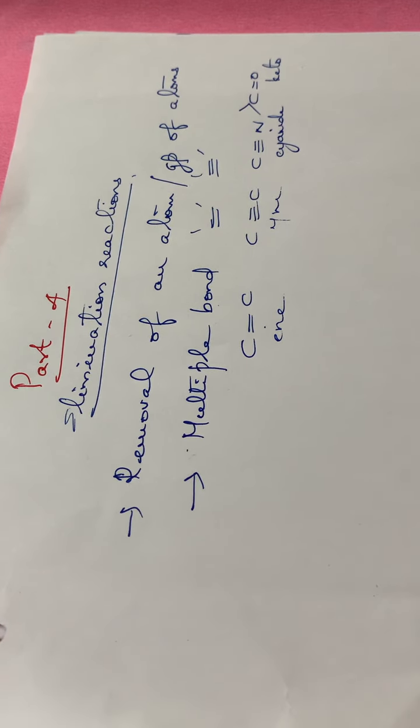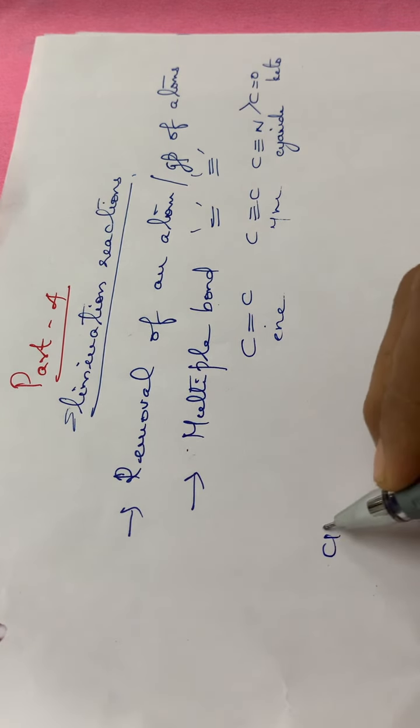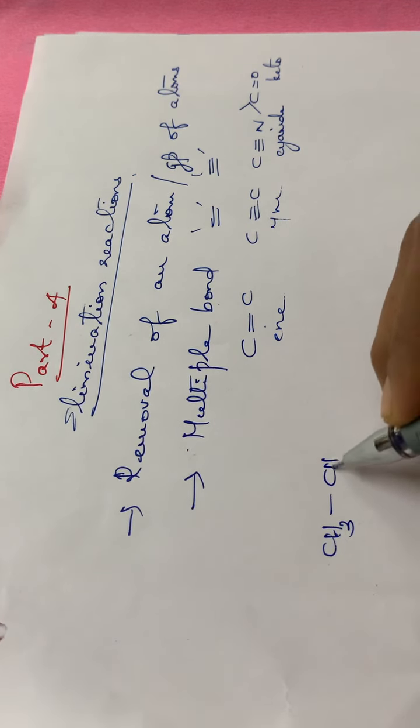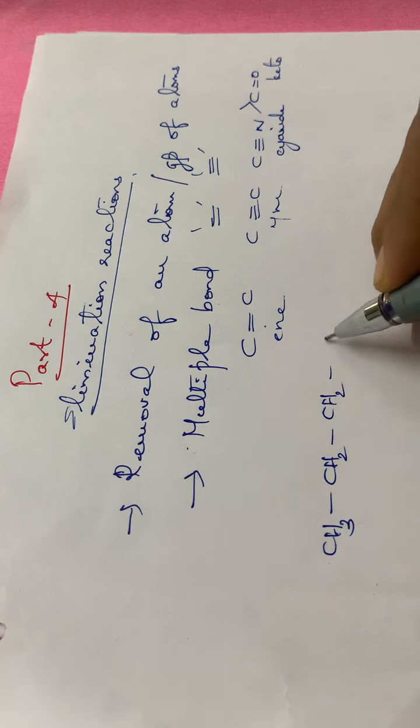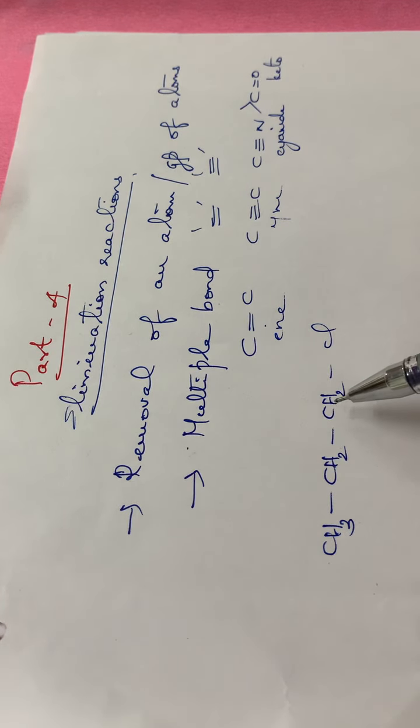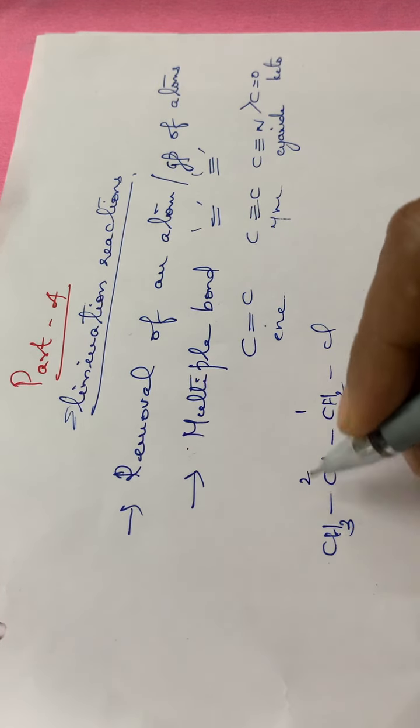While considering the elimination reaction, let me write one example: CH3CH2CH2Cl. How many carbon atoms are here? Three carbon atoms: 1, 2, 3.